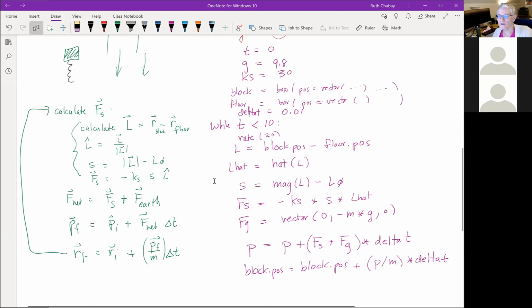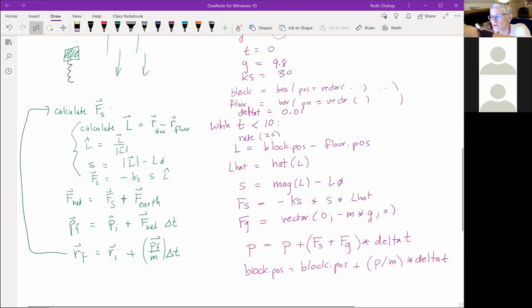So the whole point of going through this calculation of getting the spring force is to be able to predict the motion of this oscillating block open-endedly into the future.